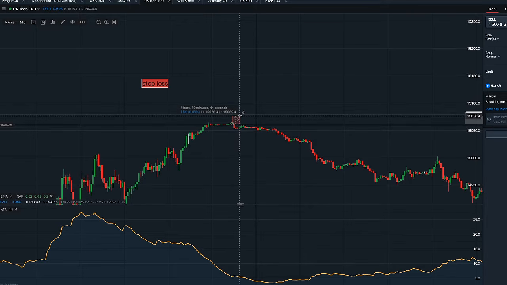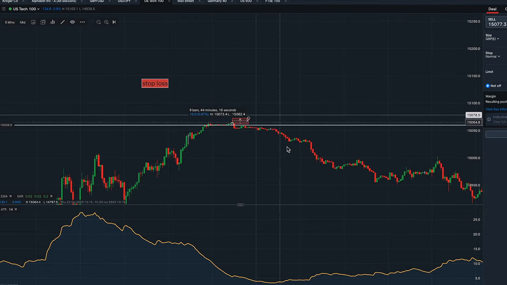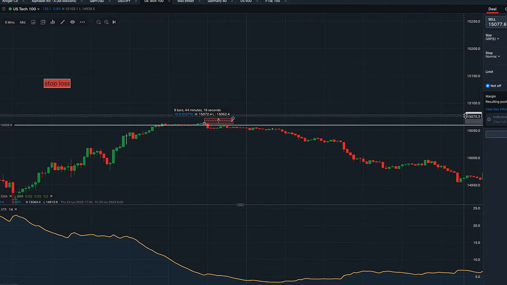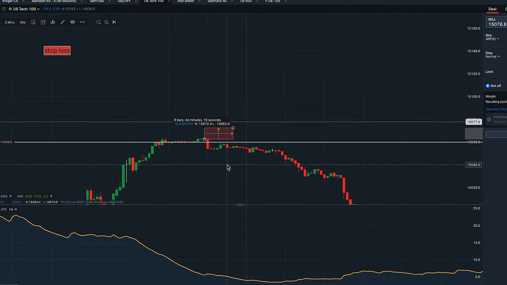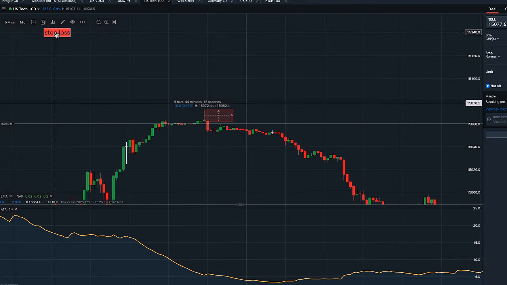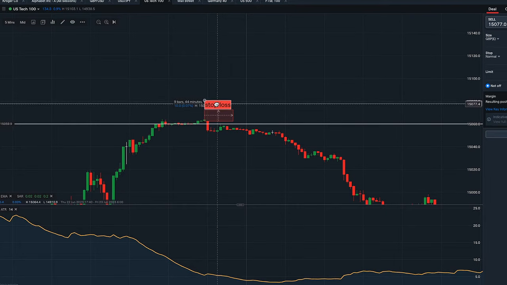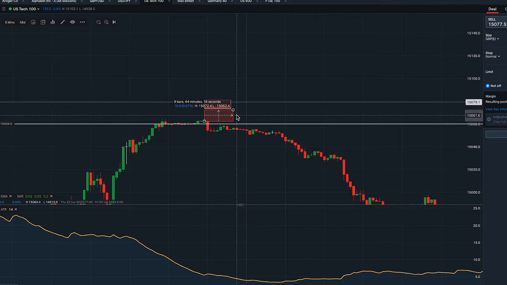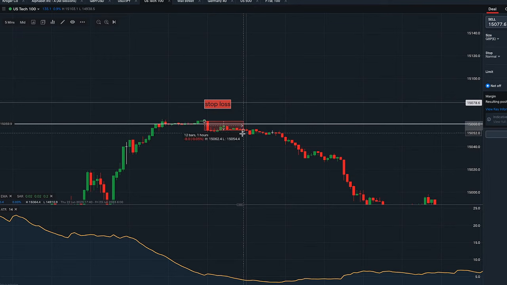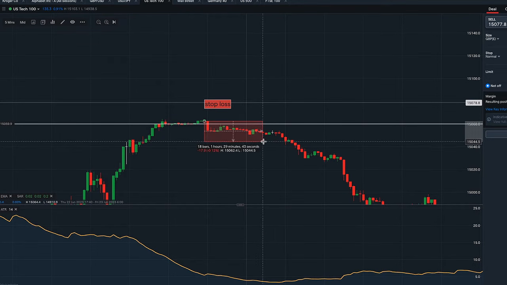So you risk 10. So your stop loss would be in this area. So for 1-to-1, you risk 10 to get 10. Or for 1-to-2, you risk 10 to get 20.